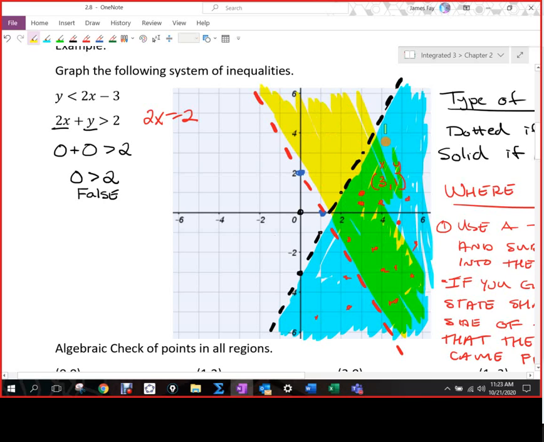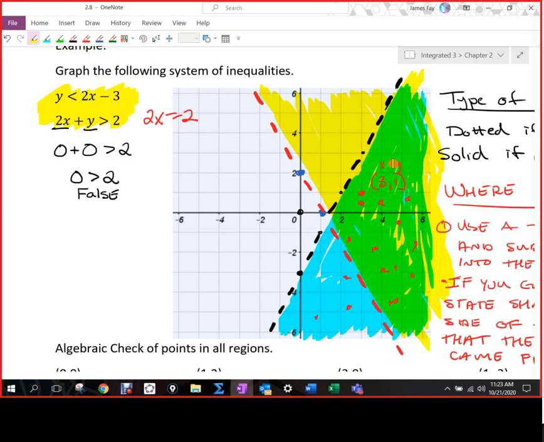Is that okay with everybody? Now when we do that, what happened to part of my graph? It started to change colors, right? That overlap is the solution to this system right there. These are the points that are going to make that system true.